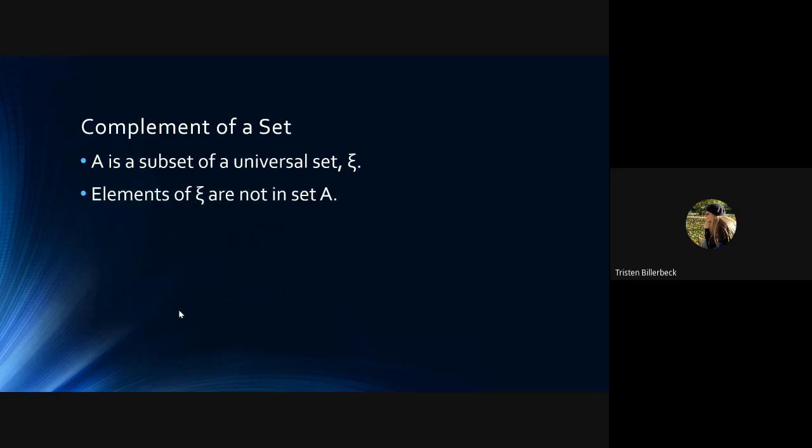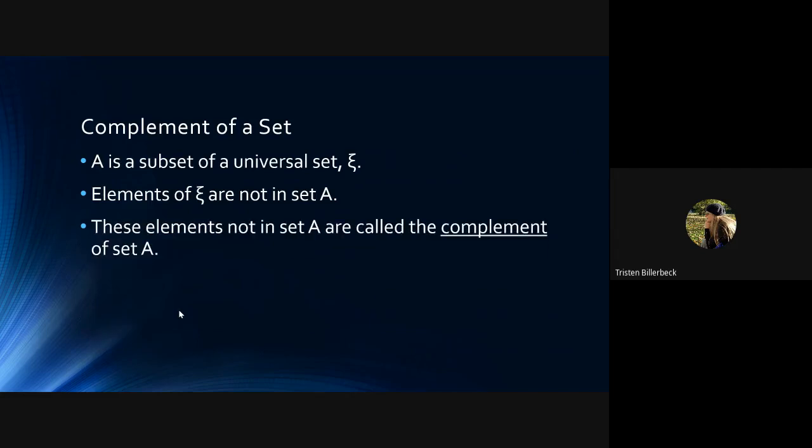Some elements of Xi are not in set A. So A is a proper subset of the universal set. These elements that are not in set A are called the complement of set A. So if you combine the complement with set A, you have the universal set.